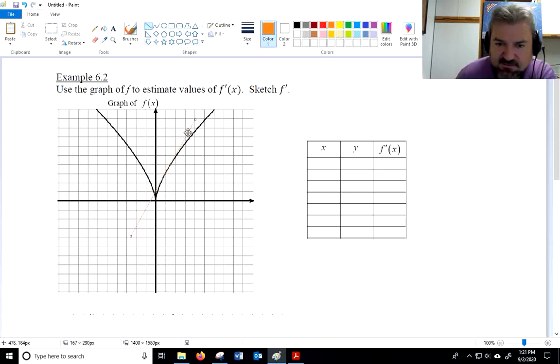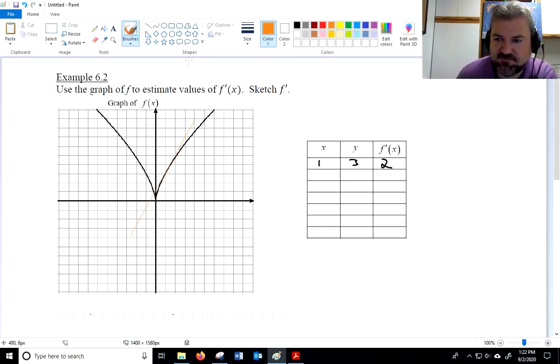Okay, what about, well, okay, maybe we do get a whole number. I'm thinking a 2. So at x equals 1, the graph has a y value of 3, and the derivative, the slope of the tangent line, is 2.